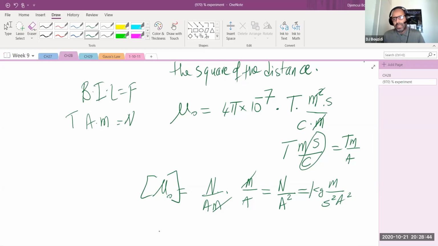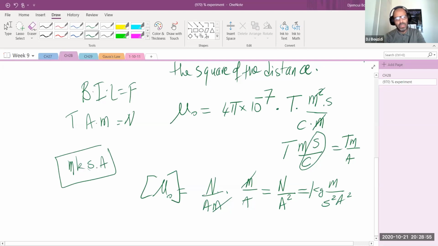That is the unit because, again, in the SI system, meter, kilogram, second and ampere are the fundamental units. So you can remember it whatever way you like.